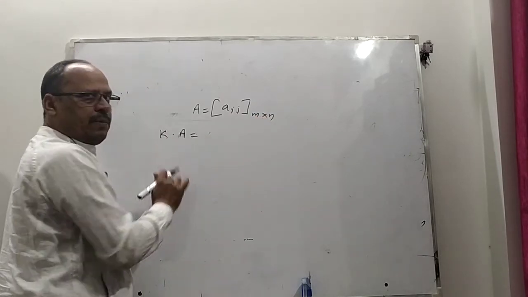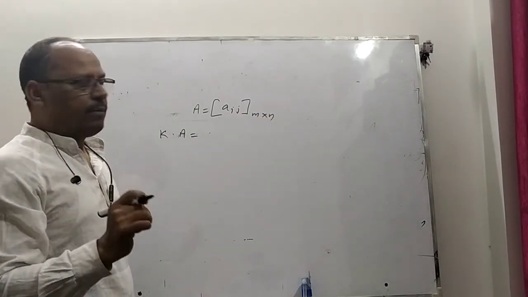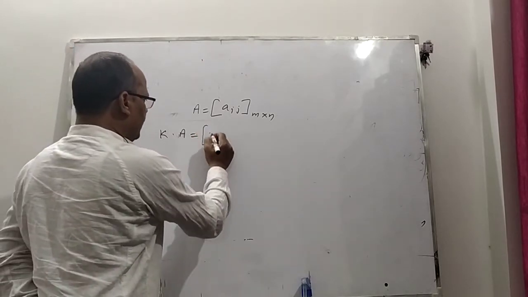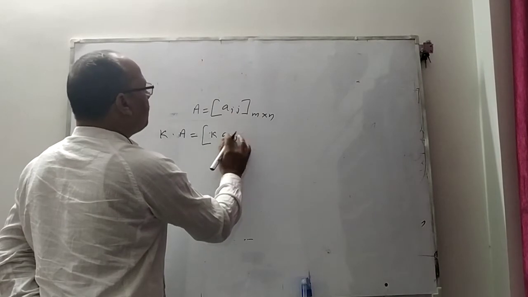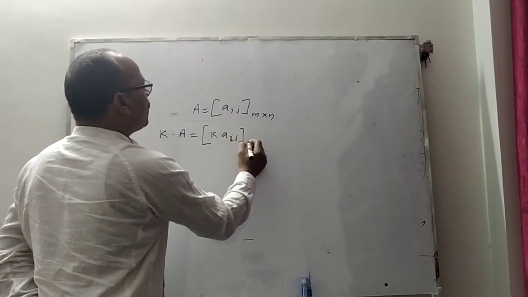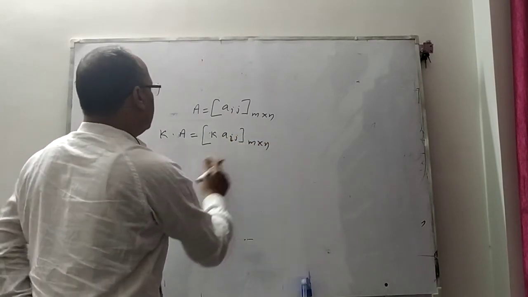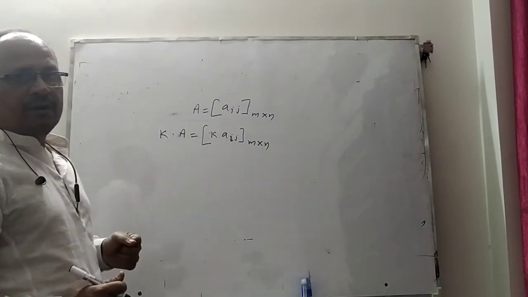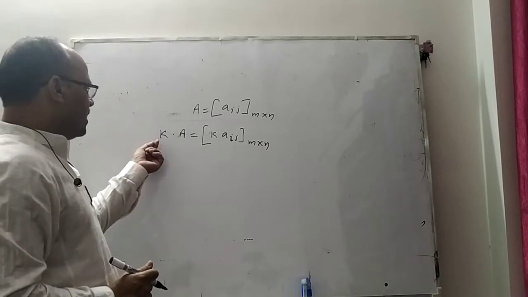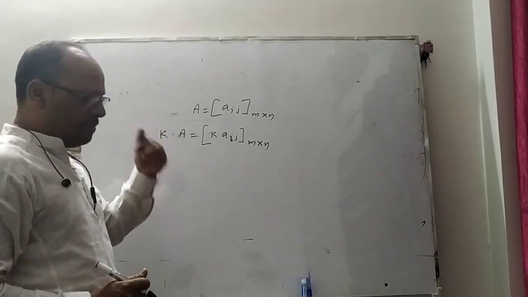Then k is multiplied with each element of the matrix, which means this will be k into Aij of order m cross n. This is known as scalar multiplication with the matrix, where the scalar quantity is multiplied with the matrix.